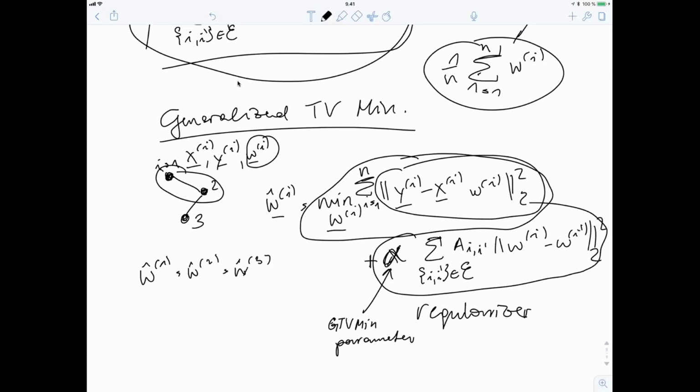So this means a single model, or each node has a copy of this single model. And we can enforce this as a special case of this GTV minimization using alpha very large. Alpha very large results in the solutions to this problem being identical local model parameters.